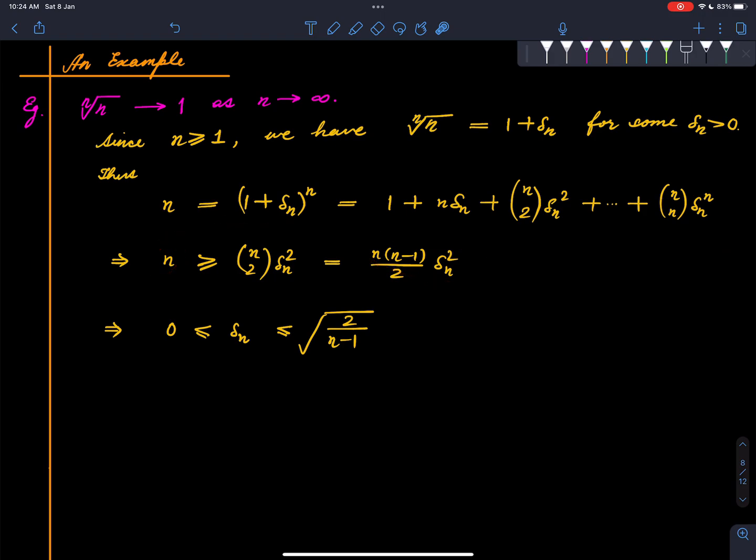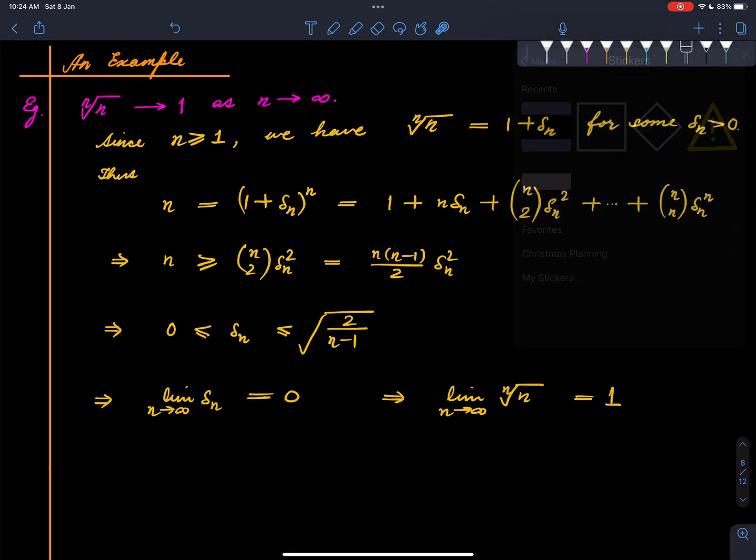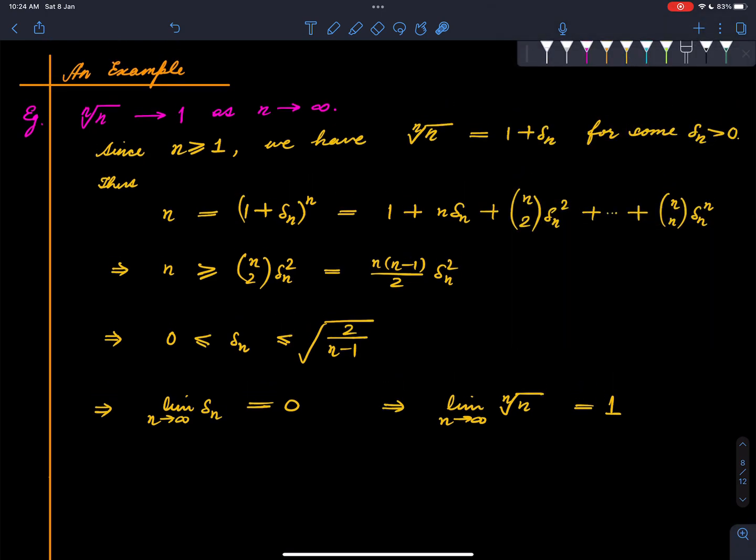So this sandwich implies that the limit of delta_n is 0, which implies the limit of n to the 1/n equals 1, because the limit of this as n goes to infinity is just equal to 1 because that guy gets killed. So that's a very nice example to see in action.